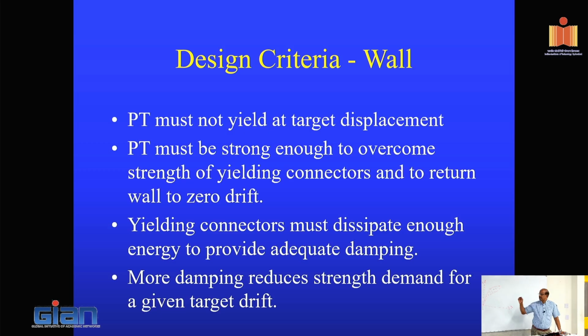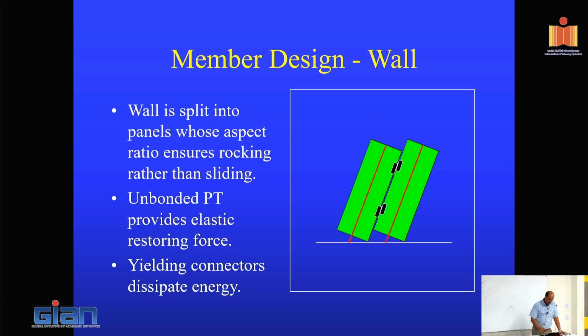When you mix it with the connector, when you put the connectors in the middle, there's going to be moment resistance coming from the connector as well as the post tensioning. So you need to decide what percentage is going to be from post tensioning, what percentage from the connectors. If you get more from the connectors, then you may not recenter it.